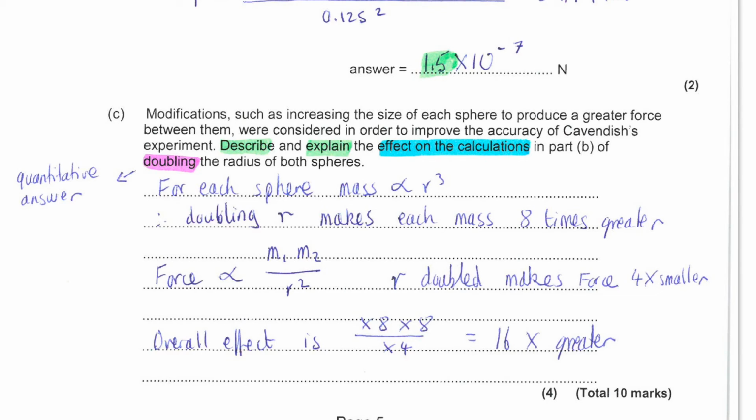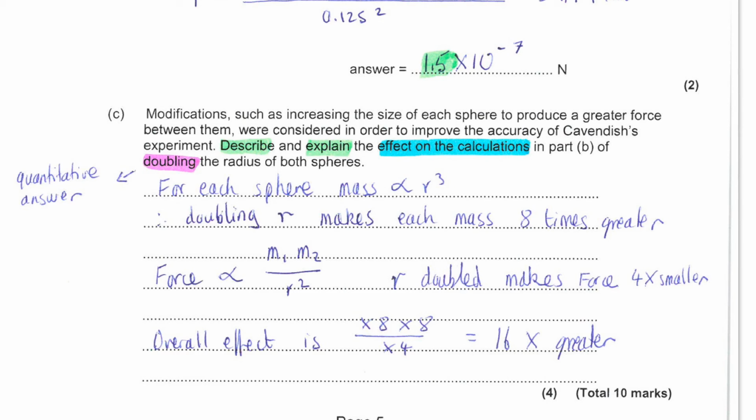So looking back and thinking about the calculations, you found the mass of the larger sphere using the density and the volume. That means the mass is proportional to the radius cubed. So if you double the radius, this would make each of the masses 8 times greater.